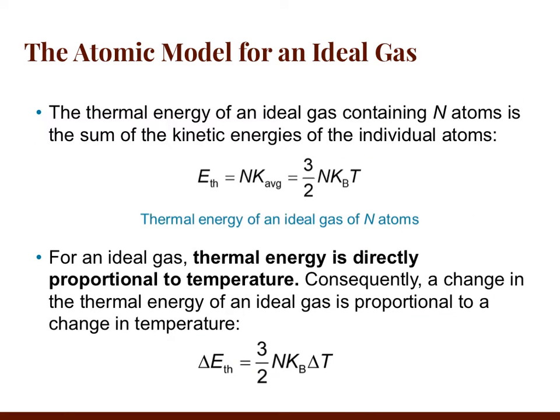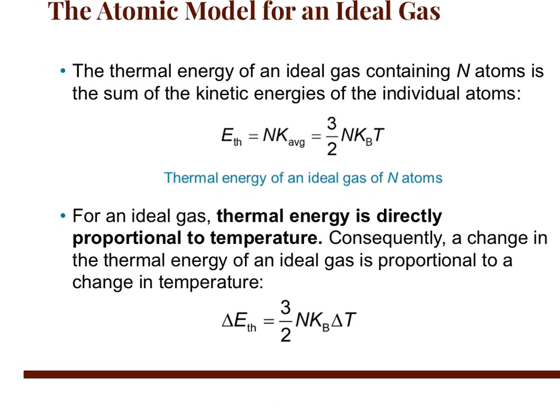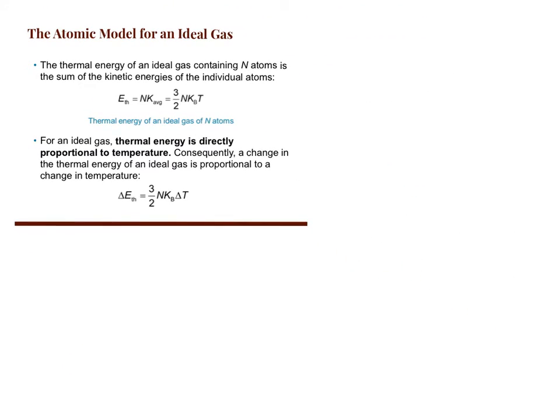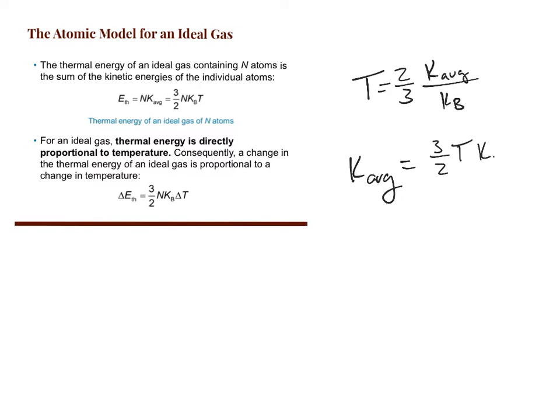Something that this formula is useful for is calculating the total energy held in a gas. So if we look at that equation that said temperature equals 2/3 average kinetic energy divided by the Boltzmann constant, you can solve that around for the average kinetic energy. So the average kinetic energy equals 3/2 times temperature times Boltzmann's constant.